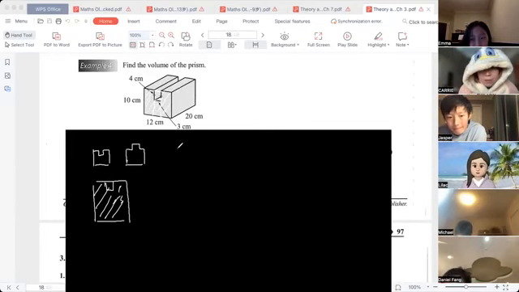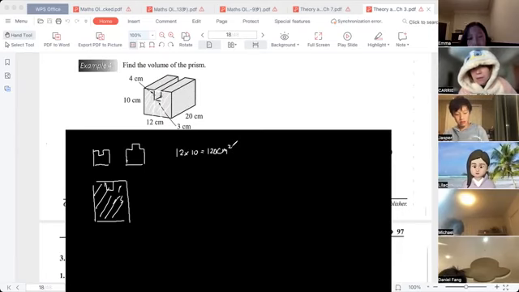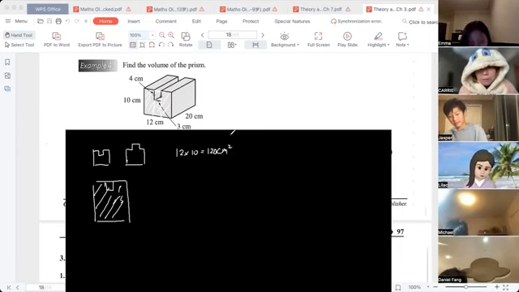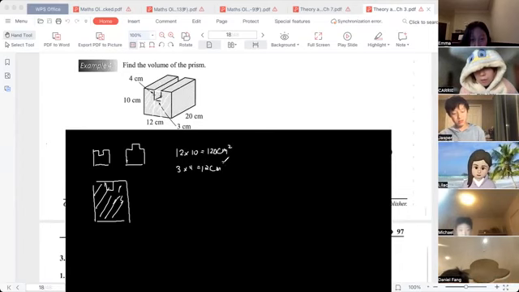Okay, so let's see. 12 times 10 equals 120 centimeters squared, correct? Correct, everybody? And how about this little one? This is 3, this is 4. So the little square is 3 times 4 equals 12 centimeters squared, correct? So how do we do this?